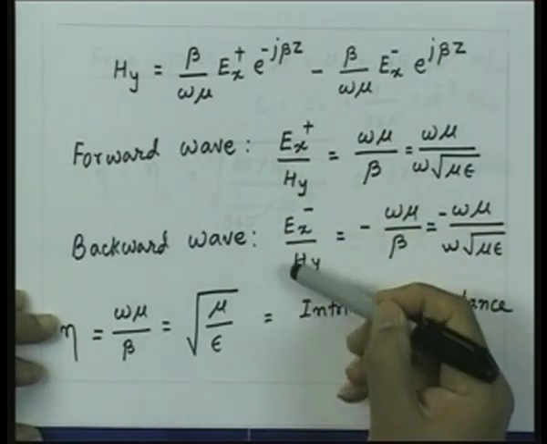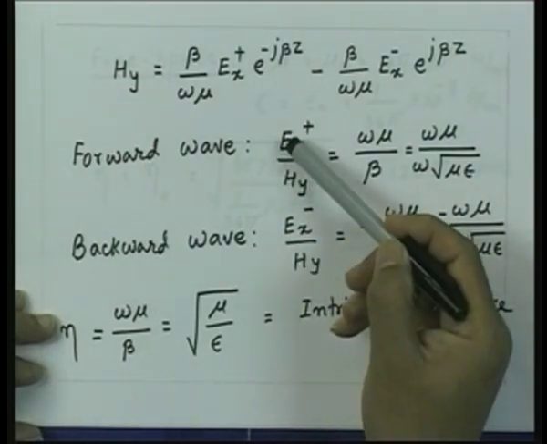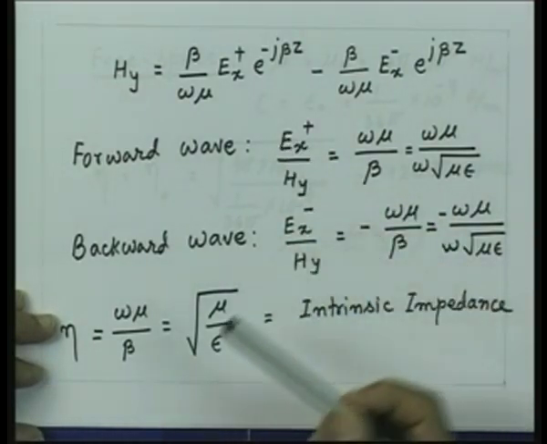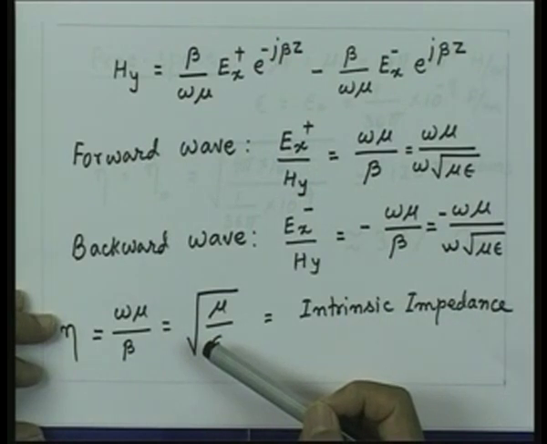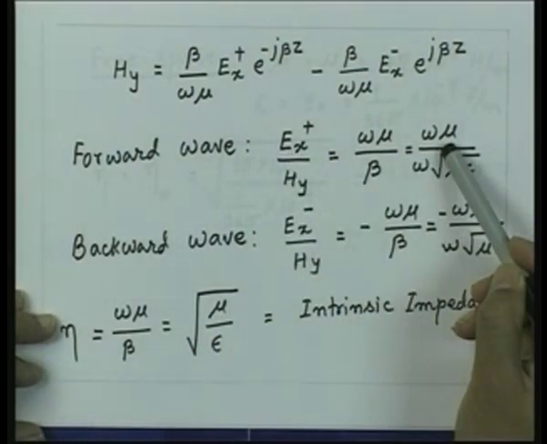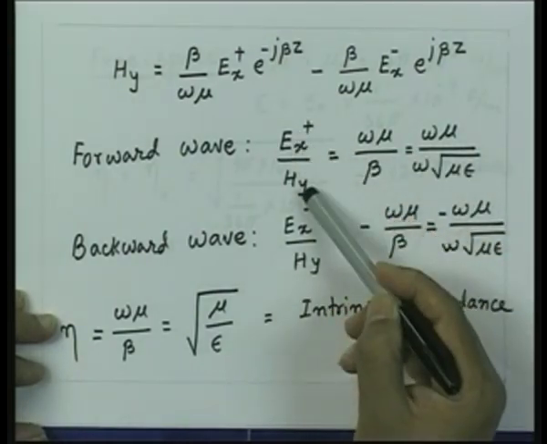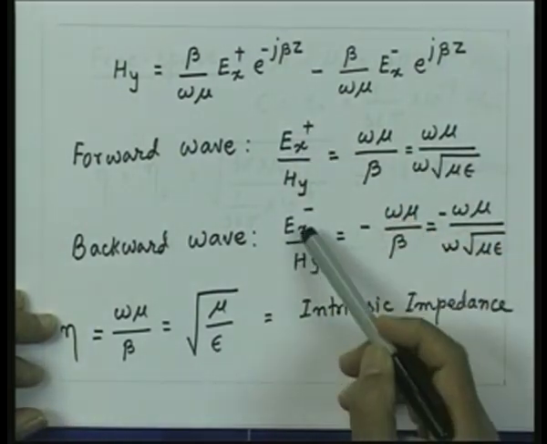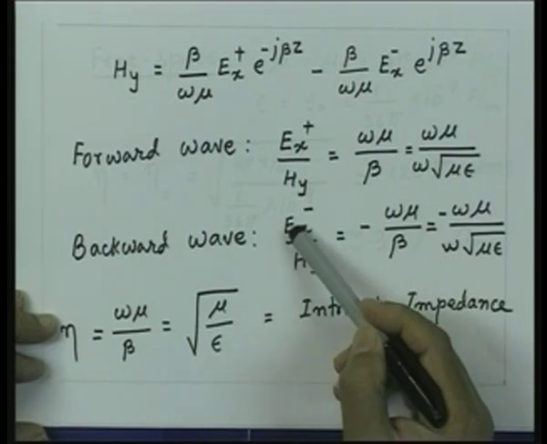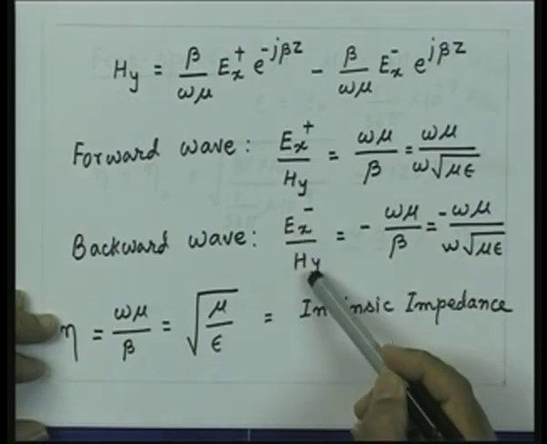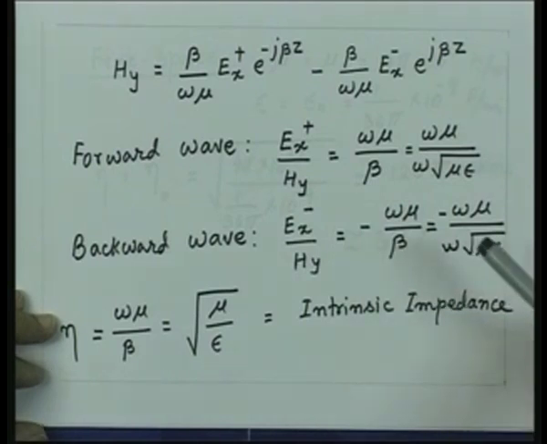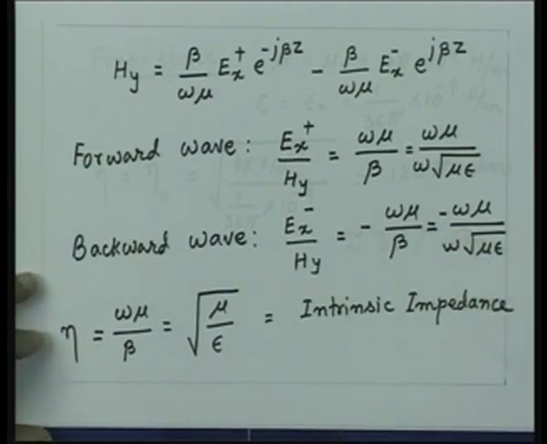However, at this point we can say that the ratio of electric and magnetic field is eta if I take Ex as the electric field and Hy as the magnetic field. However, if I take x oriented electric field and y oriented magnetic field, but if the wave was travelling in the backward direction, then the impedance seen by the wave is negative.